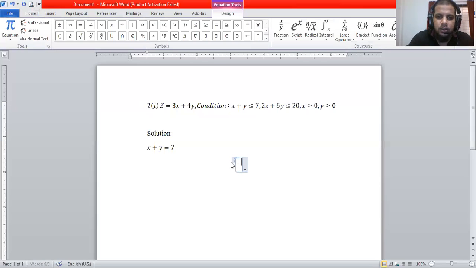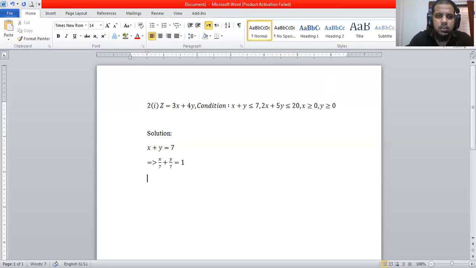We have to make it like this. It is intersecting both axes.